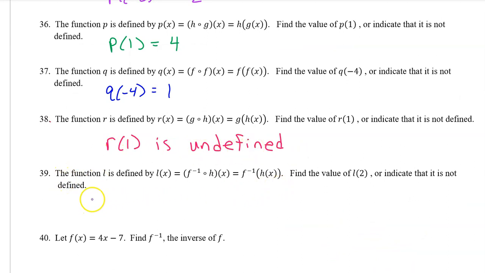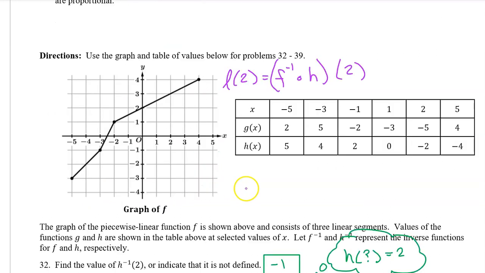39. We must evaluate L at 2. But L of x is f inverse of h of x. We must evaluate f inverse of h at 2. Working from right to left, we begin with h at 2. H at 2 is negative 2. Then we move on to the left, and we must evaluate f inverse at negative 2.